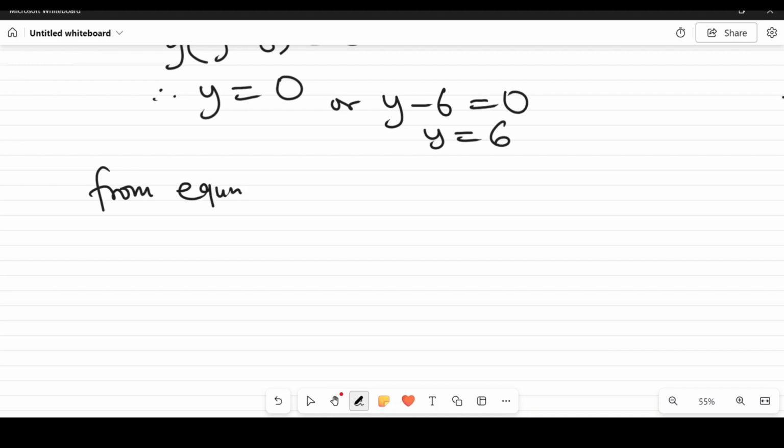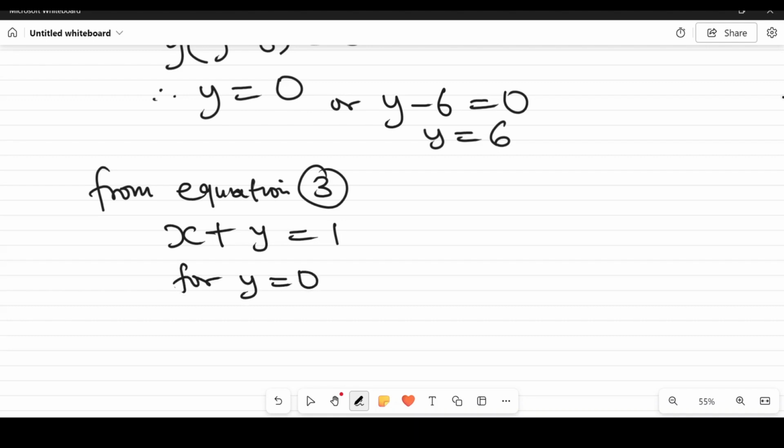From equation 3, we know that x plus y is equal to 1. So therefore, we have that for y equal to 0, x plus 0 is equal to 1. So x is equal to 1.